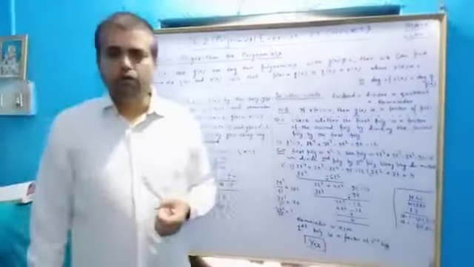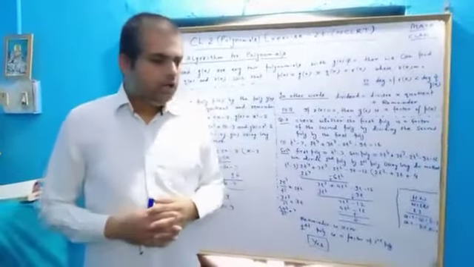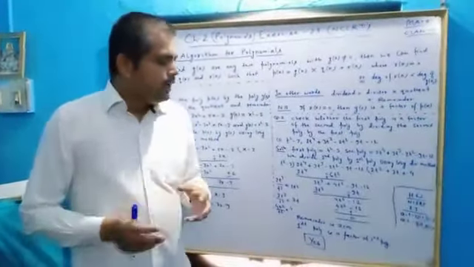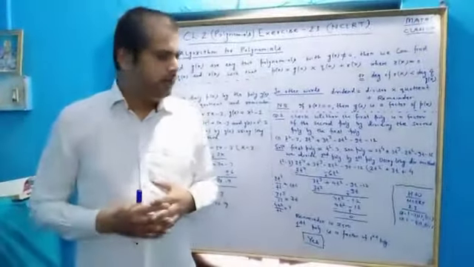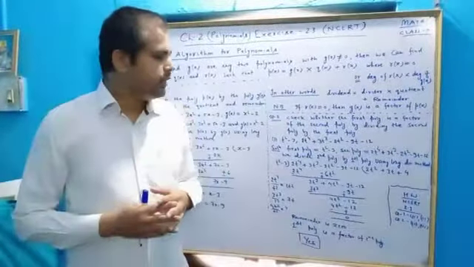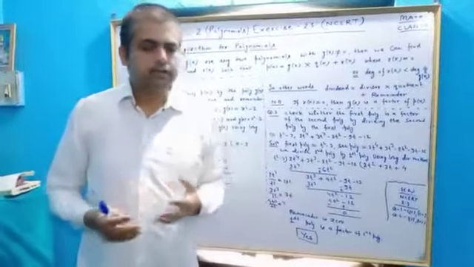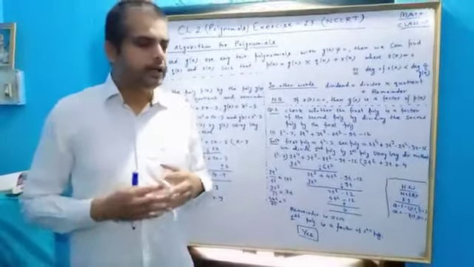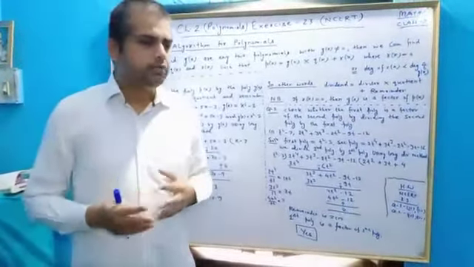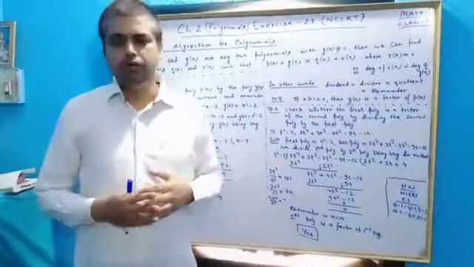So I think all of you understood how we can find quotient and remainder by long division process, and how we can check whether the first polynomial is a factor of the second polynomial or not.